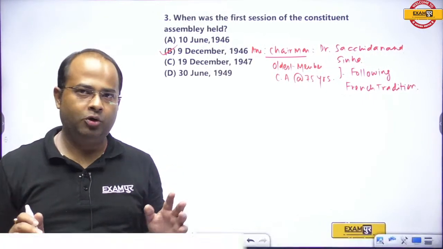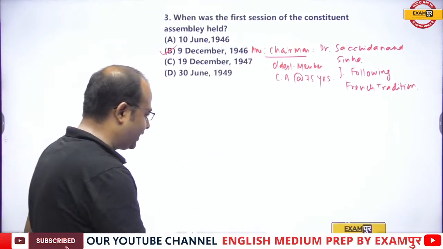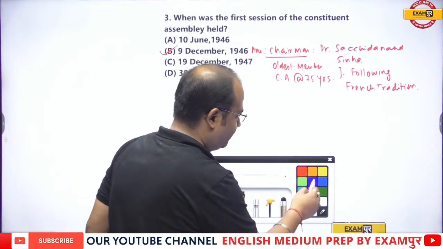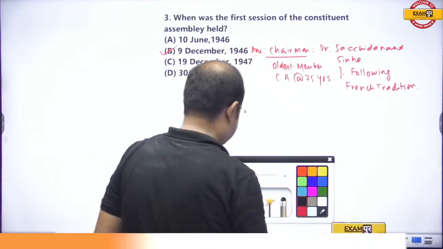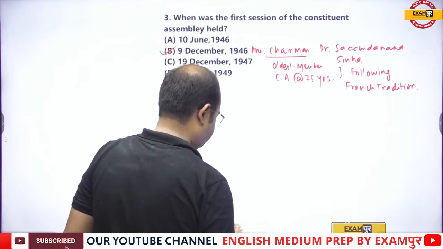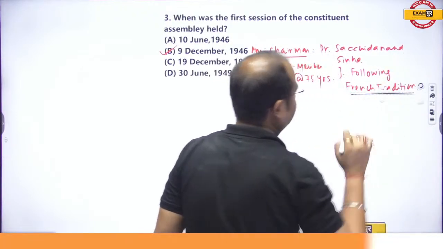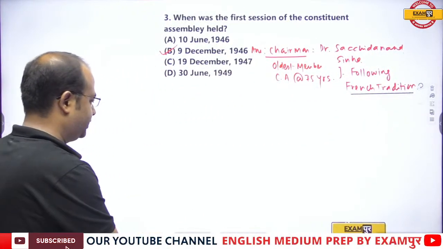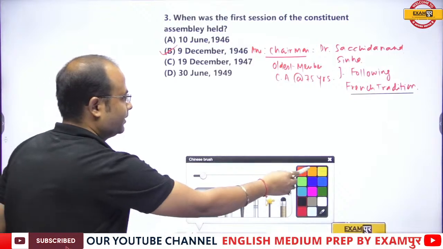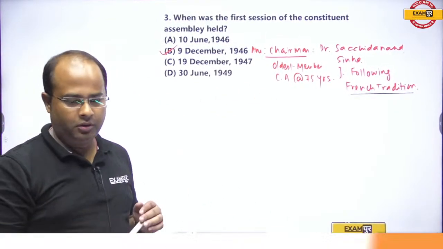So please let me know, then we will be moving to the next question. And why did he become the chairman? That is just following the French tradition. So this is the reason, guys. I hope it is clear to everyone why he became the president. Clear, everyone? Okay.